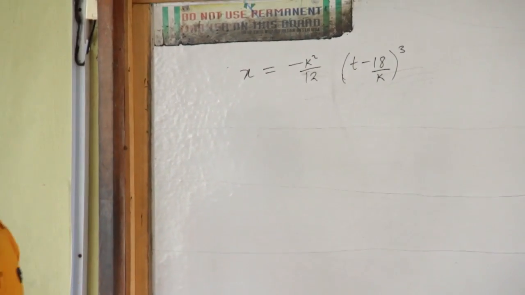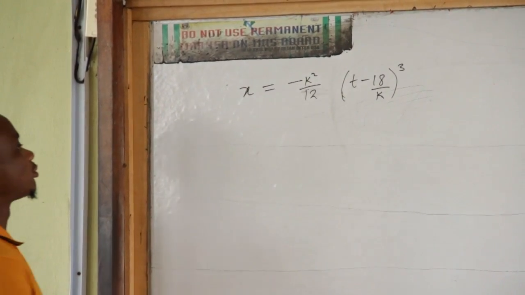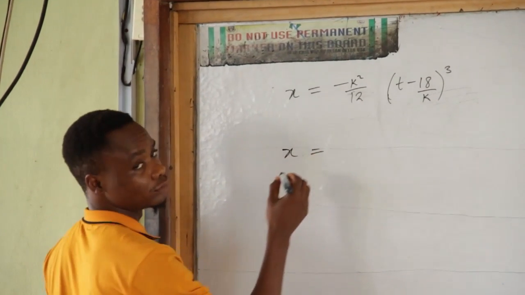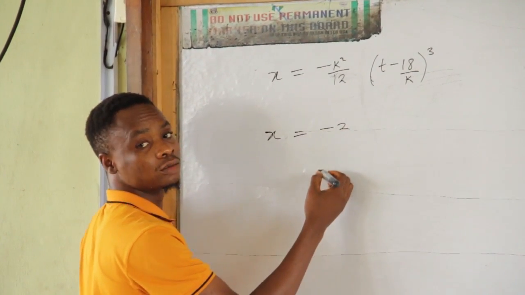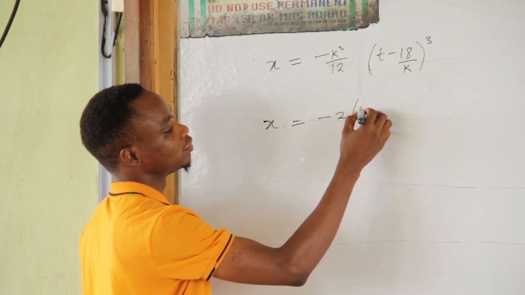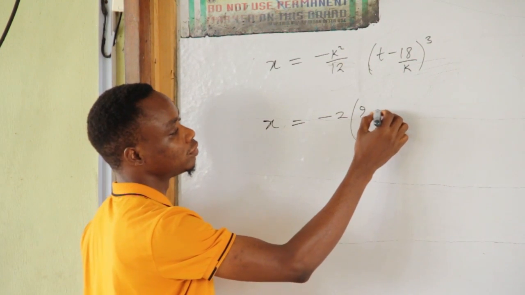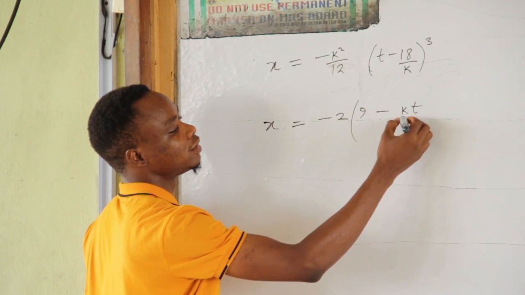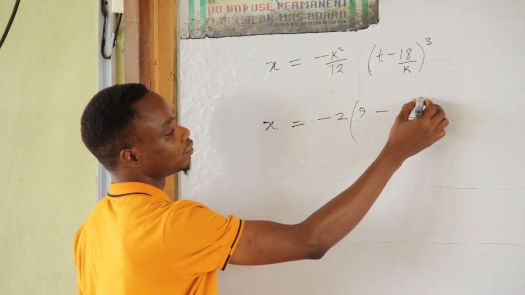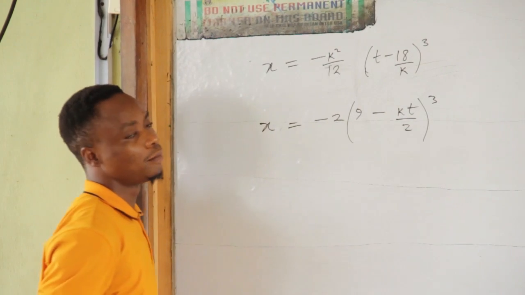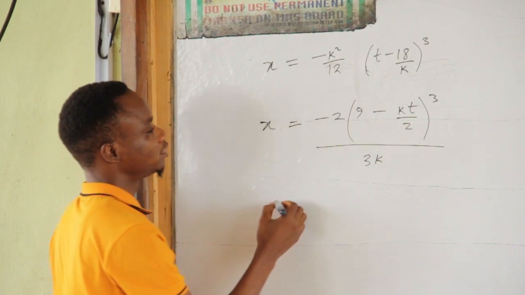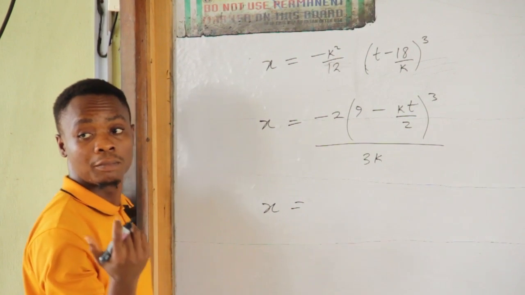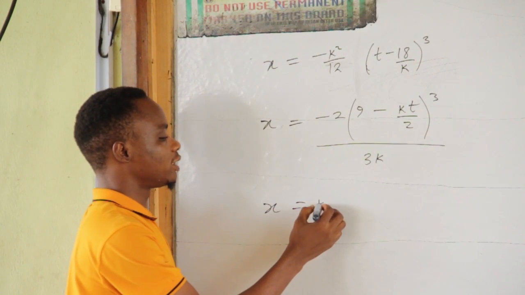Minus 2, open bracket, minus 3 all over 2, close bracket, this power, all over k squared.